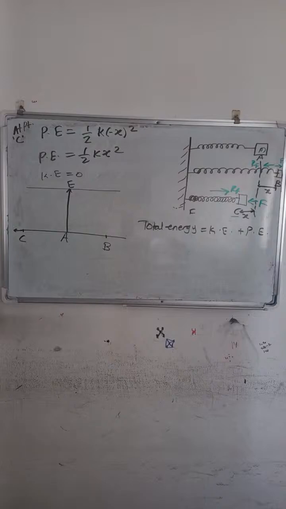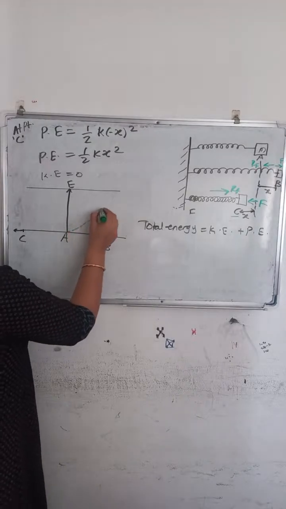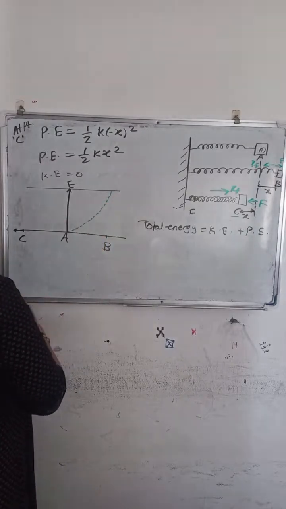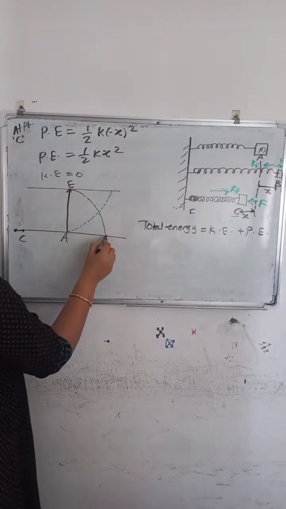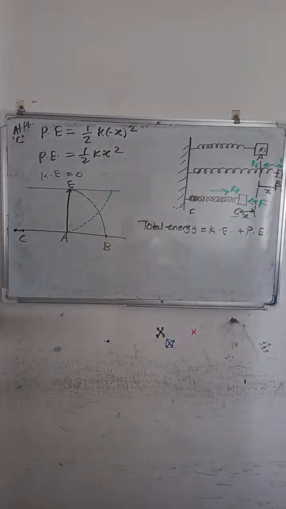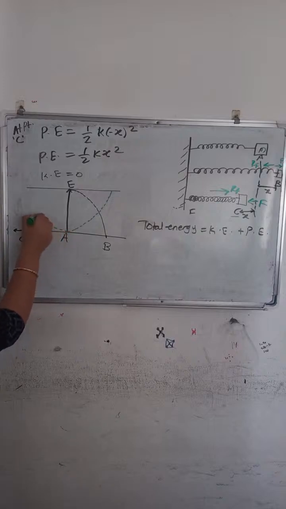So here whenever we elongate the block from the mean position, in that case your potential energy is what? Increases, and slowly kinetic energy started decreasing. Can you get this? Okay, so now again if we are at point C, then again potential energy increases.